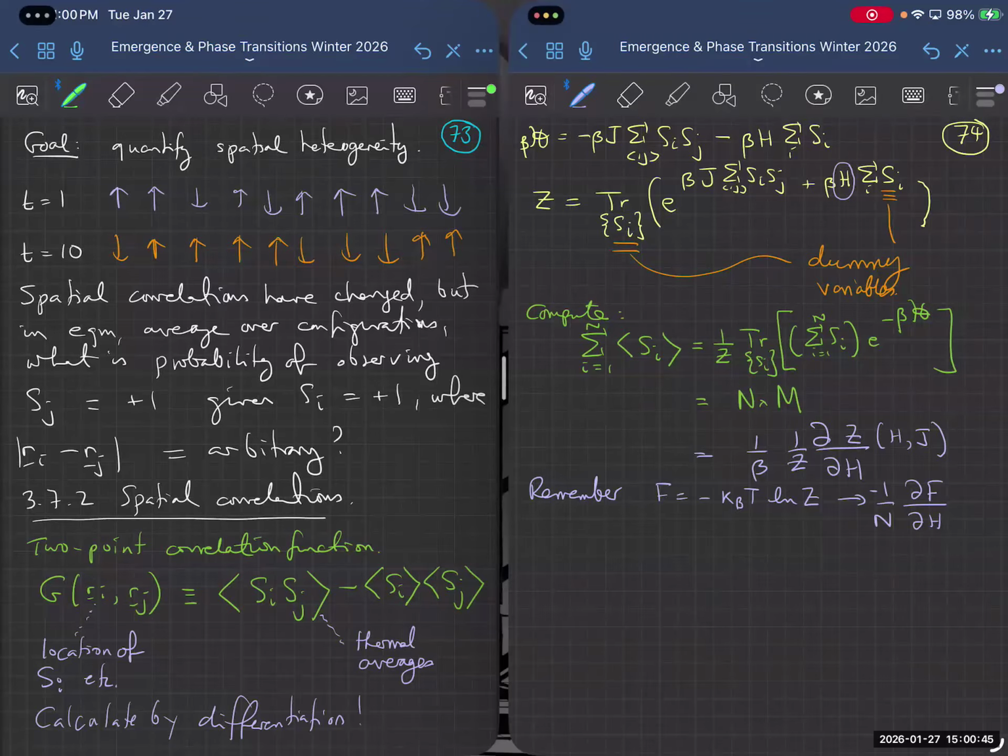Everybody happy about the idea of differentiating through the trace operation and bringing down this variable down to the ground here, which carries with it the sum of S? Everybody happy with that? Anybody not sure what we're doing? Okay, so then let's repeat this.